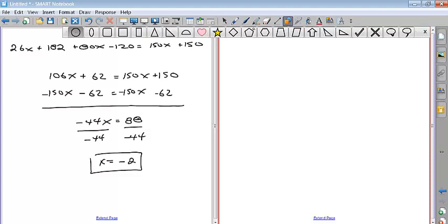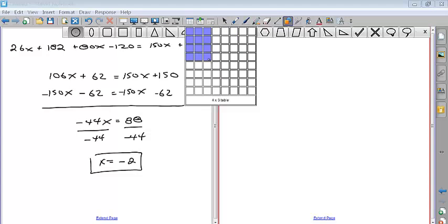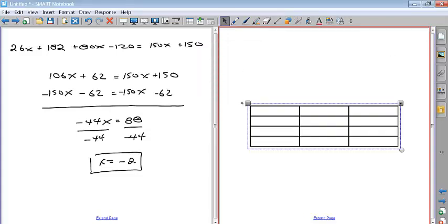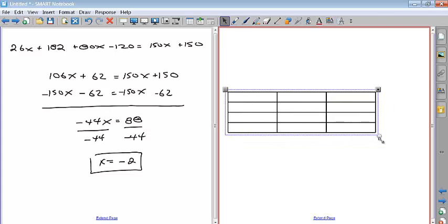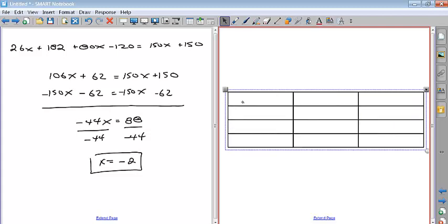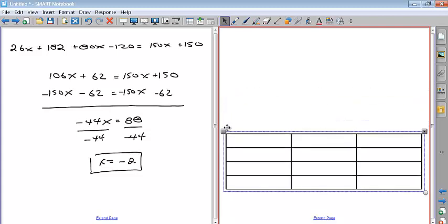So I need to make a table, which I'll include for you, with percent, three columns, and I think three rows, but I'm going to put an extra one in there. Let's just give you an example.